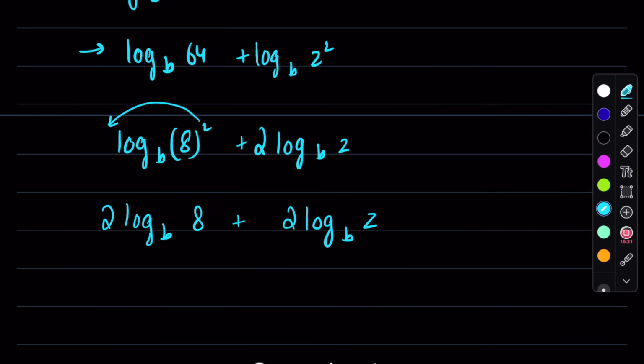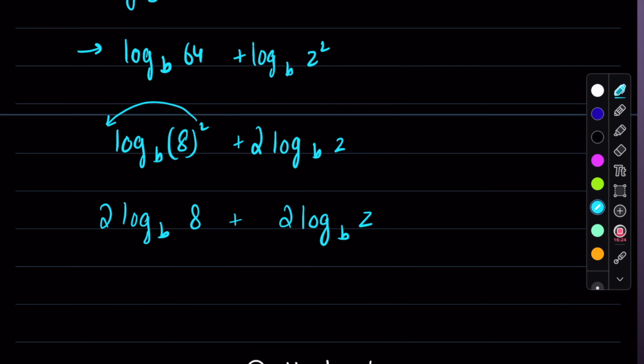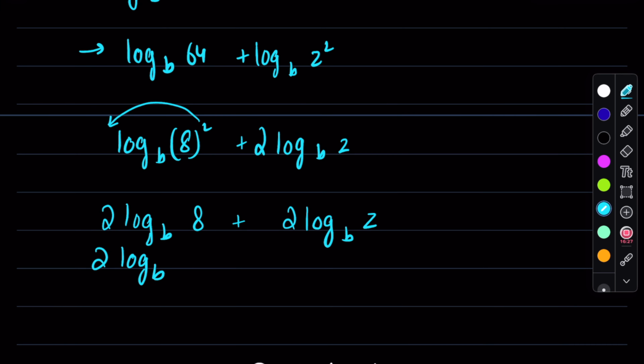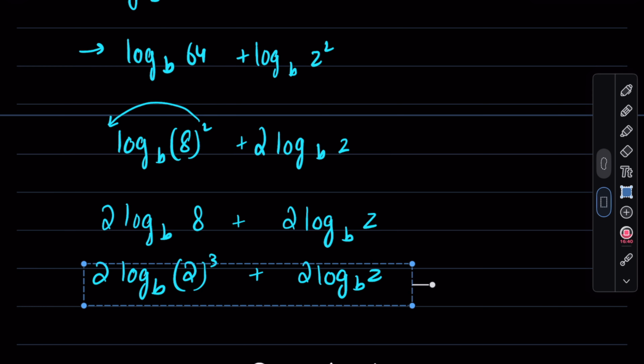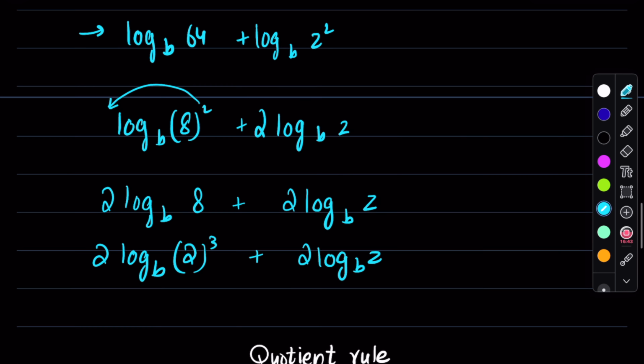We can also write 8 in terms of the power of 2. It becomes 2 log base b 2 power of 3 plus 2 log b argument of z. Let me shift it downwards. 3 shifts backwards and becomes the coefficient of the entire logarithm operation, because 3 is the power of the whole number, which is 2 in this case.